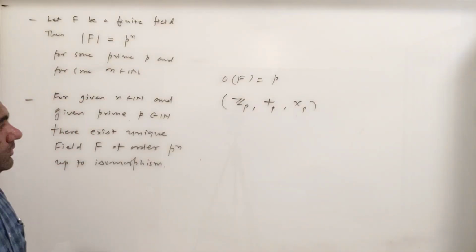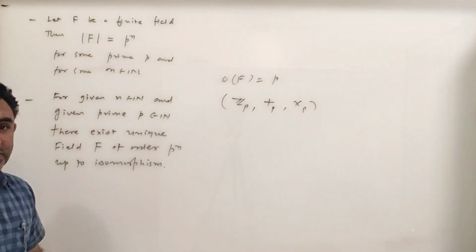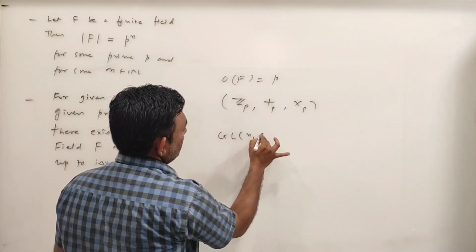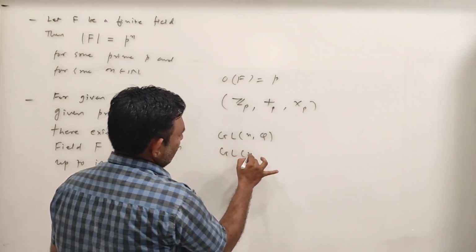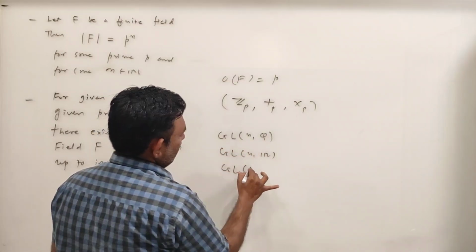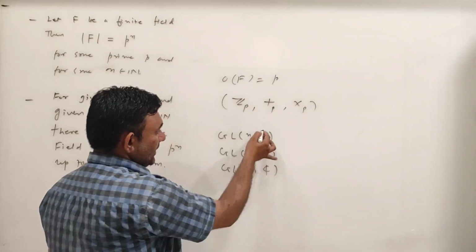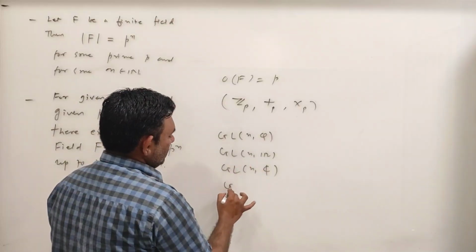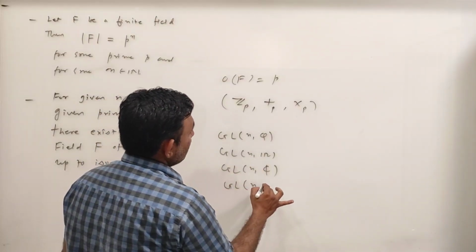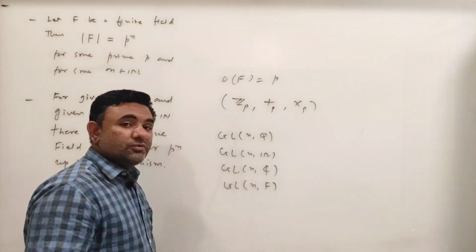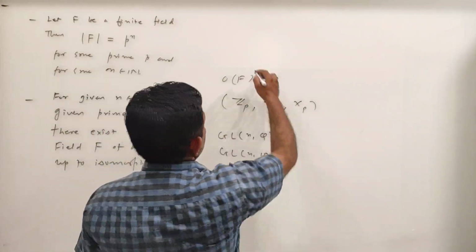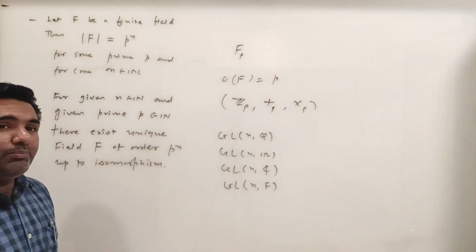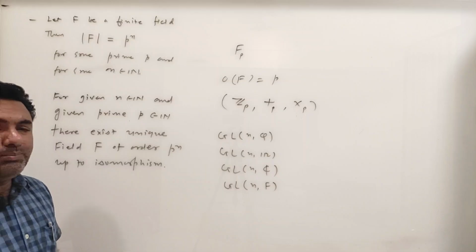Okay. So why am I discussing this? See, when we discuss GL_n(Q), GL_n(R), GL_n(C), here we are considering fields and these are infinite fields, but here you can consider GL_n(F) also, where F is a finite field, and let me denote the field with p elements by F_p. F_p denotes the field having p elements, field having cardinality p.